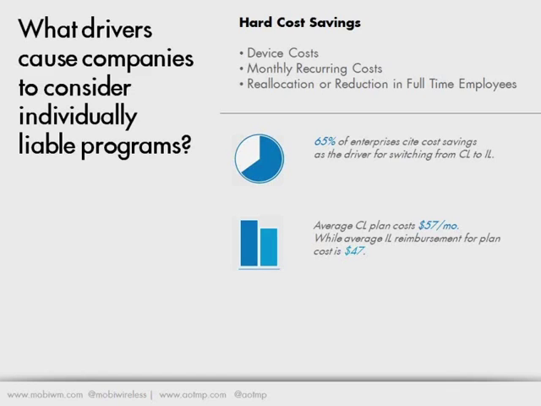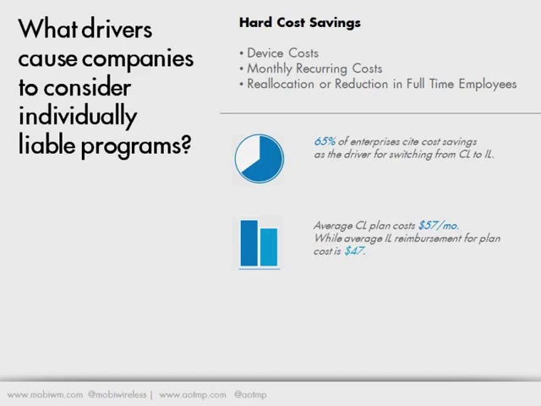So in thinking about hard dollar cost savings, driving down the cost of supporting the wireless plans is one of the key motivators. What thoughts might you have on what you've experienced, Brandon, with enterprise experience around hard dollar cost savings and that being a motivator for moving to IL?